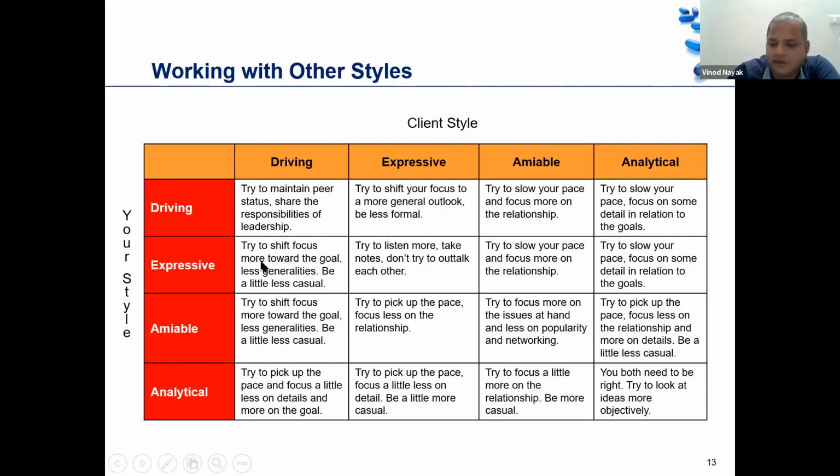Sorry, the next one: if we are expressive and the other person is a driver, then the way we interact becomes more casual. That casualness has to be taken out, and we need to focus towards the goal. Because most of the time, when we talk, we talk with emotions.